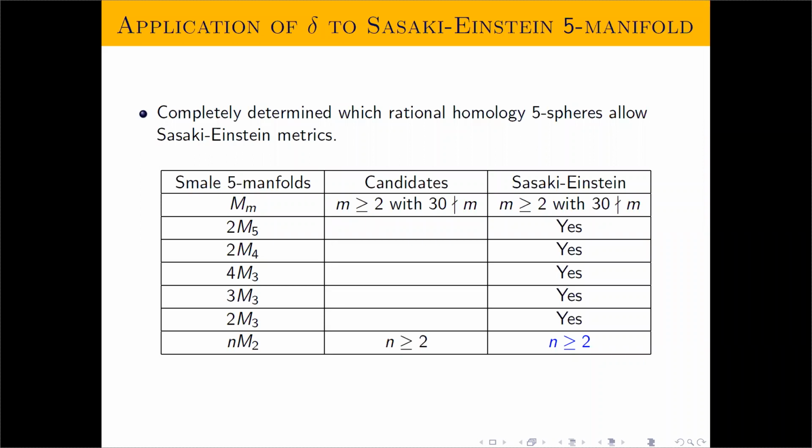The previous work was up to here. They couldn't decide whether, for every n, this one is Sasaki-Einstein or not. But this time we verified that this one always allows the Sasaki-Einstein metric.